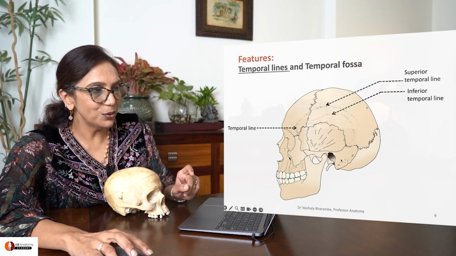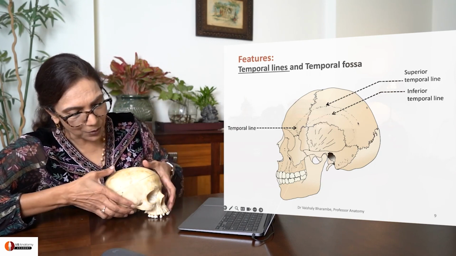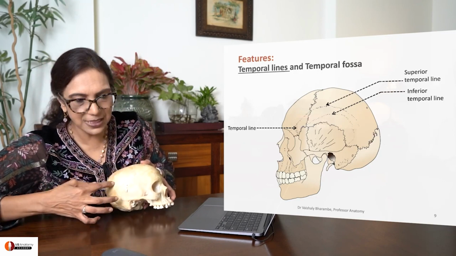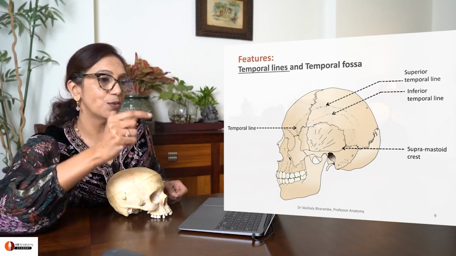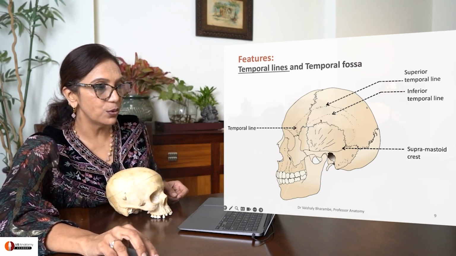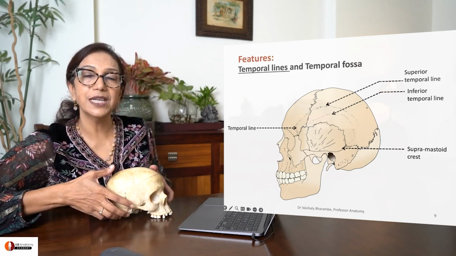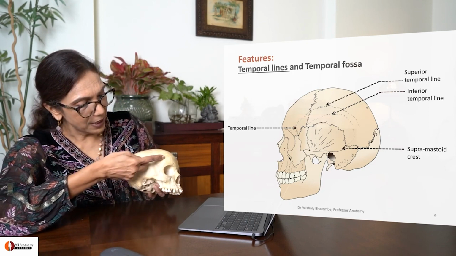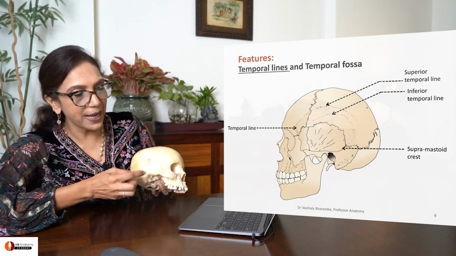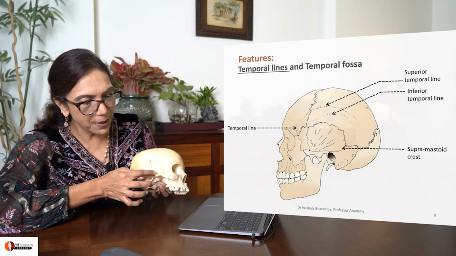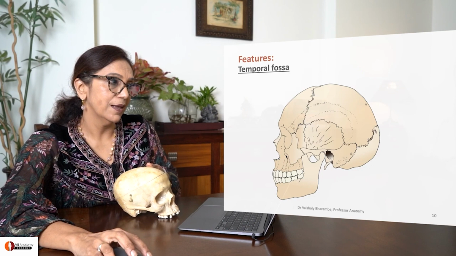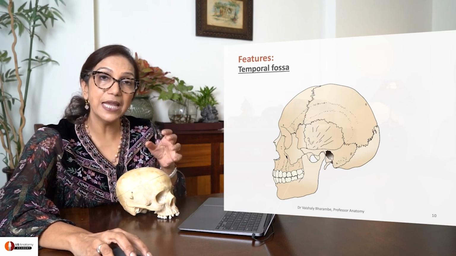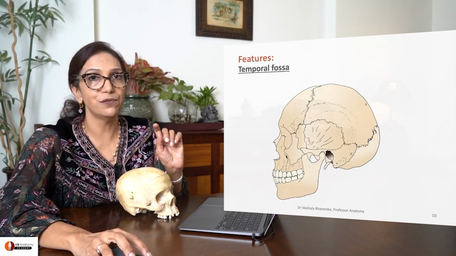Superior temporal line, if you can see, just blends in at the back. But the inferior temporal line winds around and becomes continuous below with the supramastoid crest. You can imagine this. It just winds around and comes back and becomes continuous with the supramastoid crest over here. Thus defining an area which is called the temporal fossa.